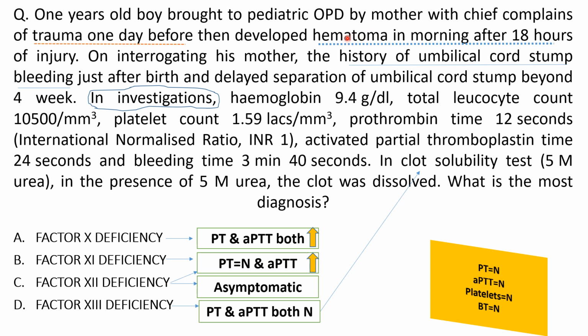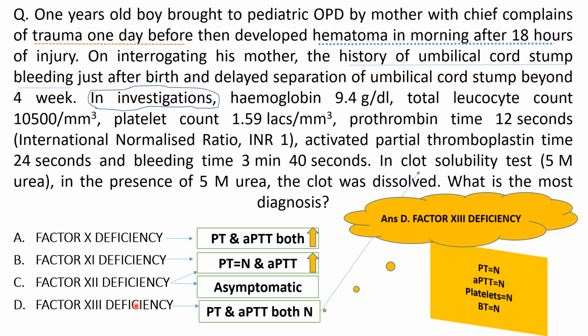So the hematoma will form immediately after the trauma, not after 18 or 20 or 24 hours. Delayed bleeding manifestation is characteristically seen in factor 13 deficiency. So the answer is D, factor 13 deficiency.